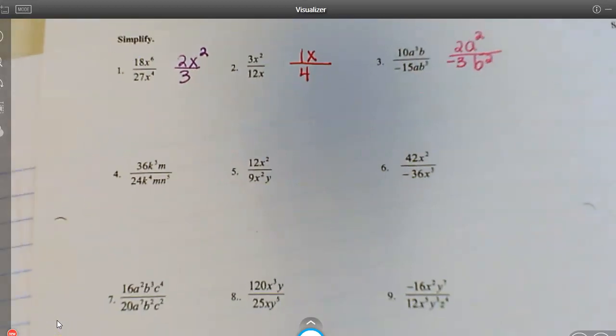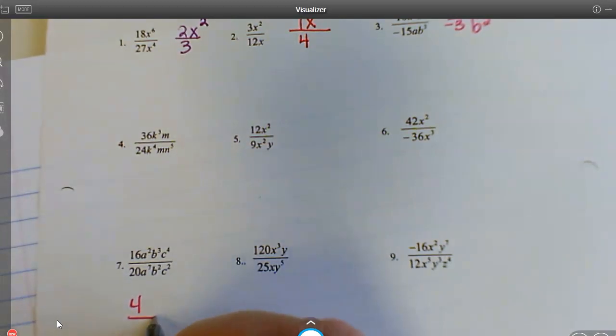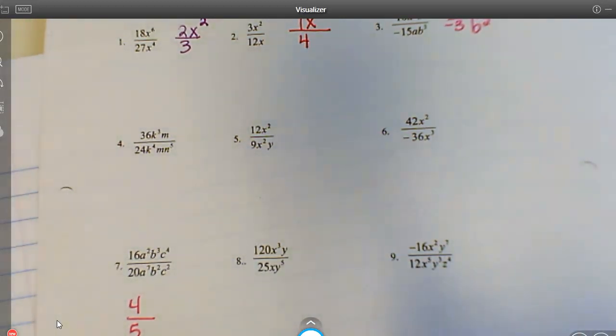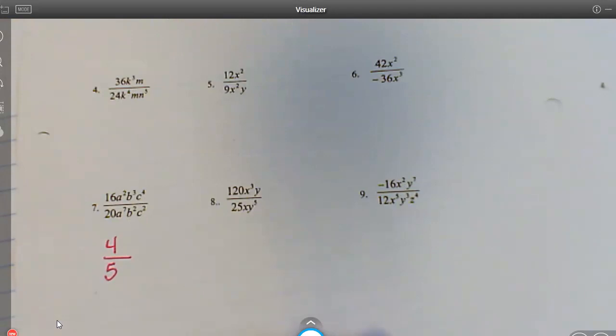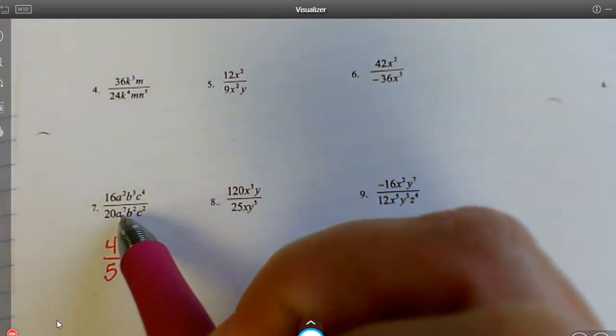Alright, let's skip on down to number 7. It looks more complicated just because there's a bunch of a's, b's, and c's. But let's figure it out here. 16 and 20, I can divide by 4. So I think I get 4/5. Again, you could use the calculators to reduce that for you if you need to. Let's look at the a's. We have 2 on top, 7 on the bottom.